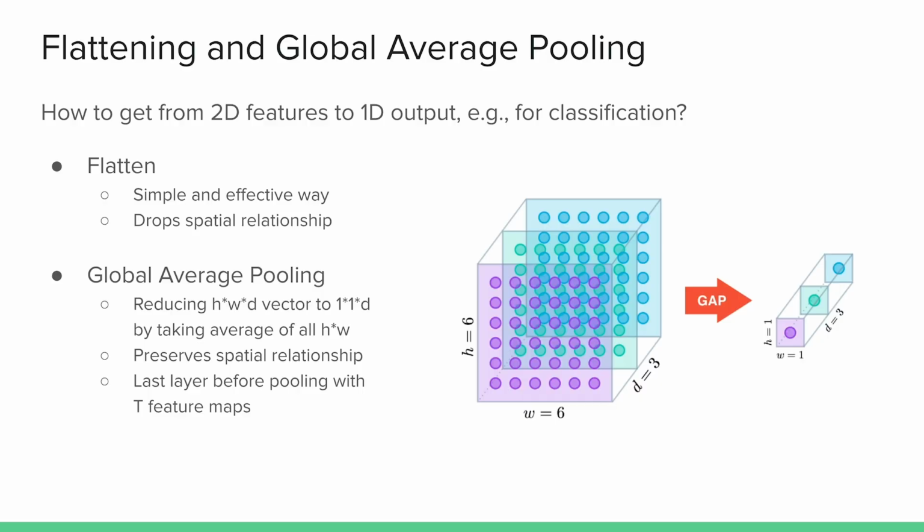But there's also a different idea: not flattening, but doing something called global average pooling. What it does is take each feature map, take the entire input, and reduce it to a 1x1 output.